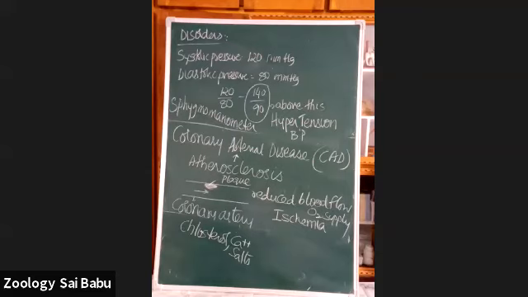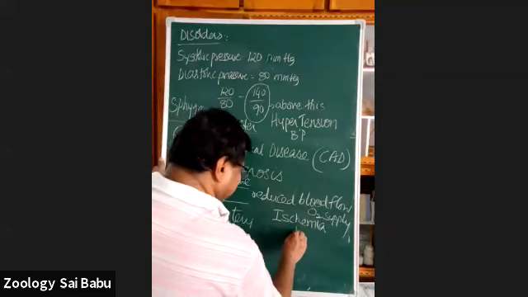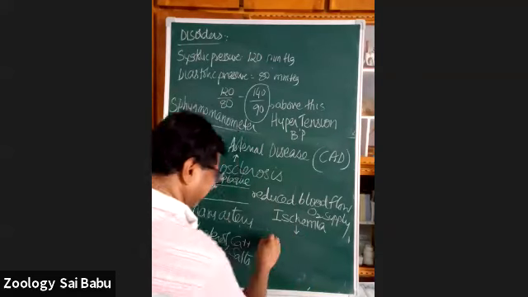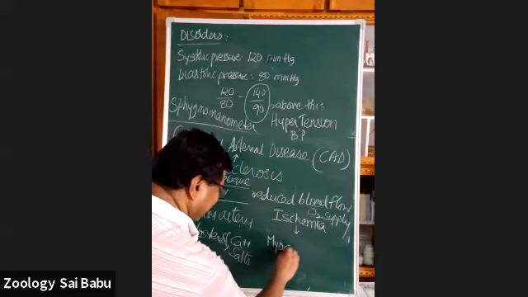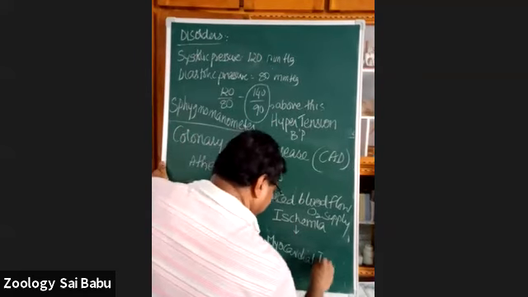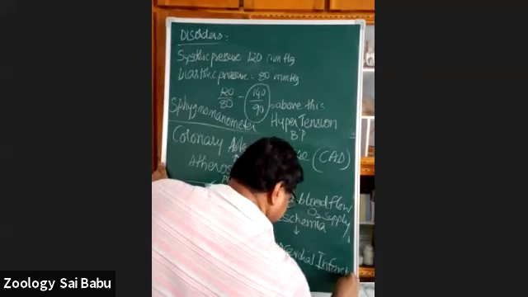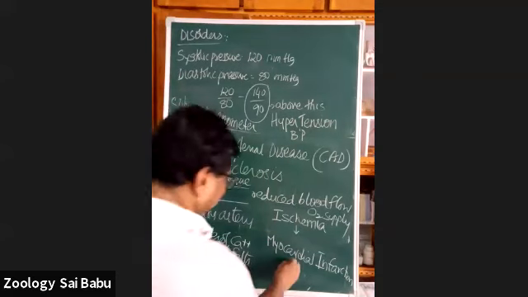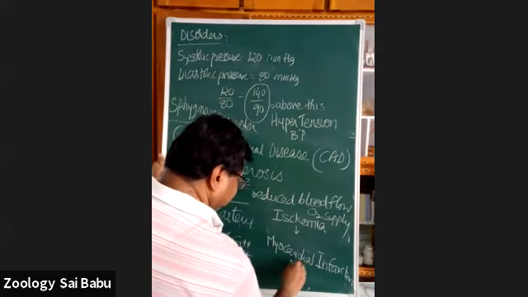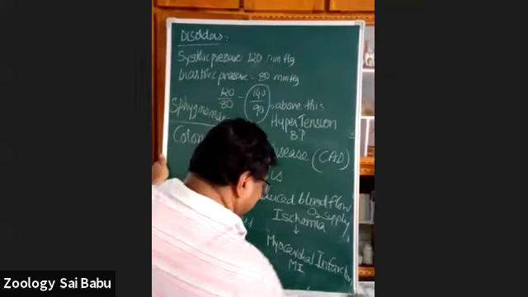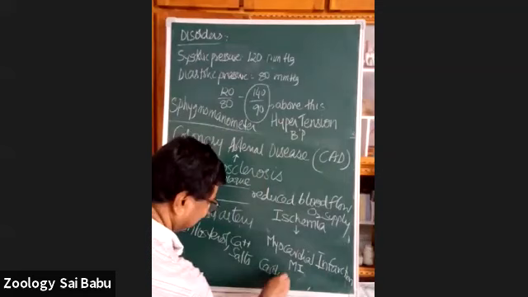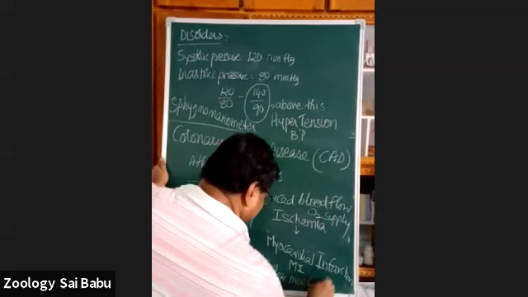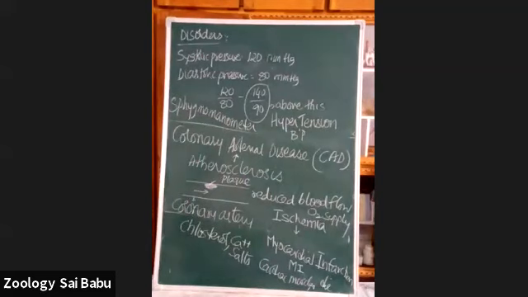Because of this reduced blood flow and oxygen supply, this ischemia is going to result in myocardial infarction, represented by MI, in which the cardiac muscle cells are going to die.